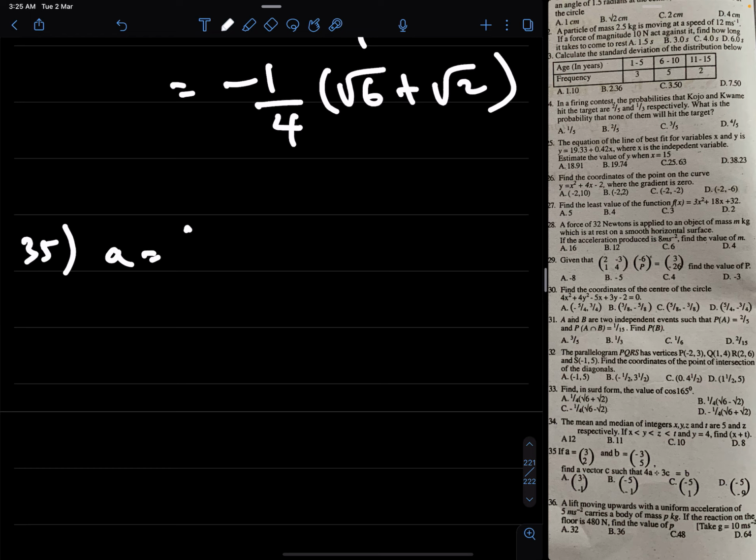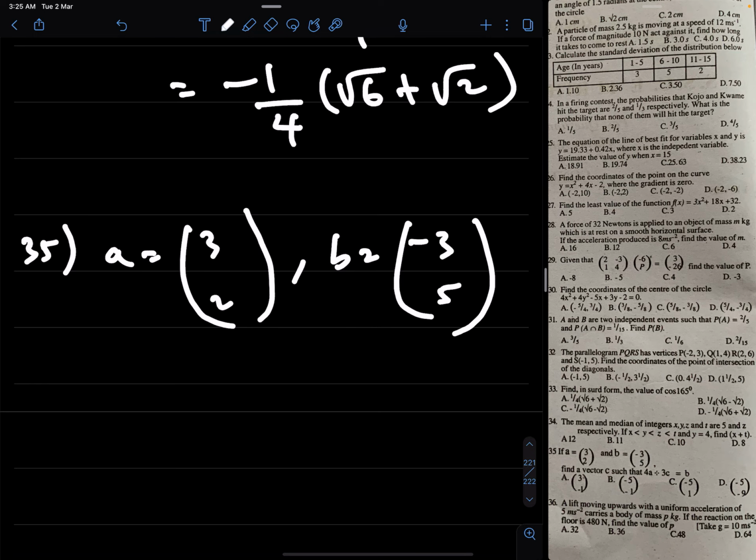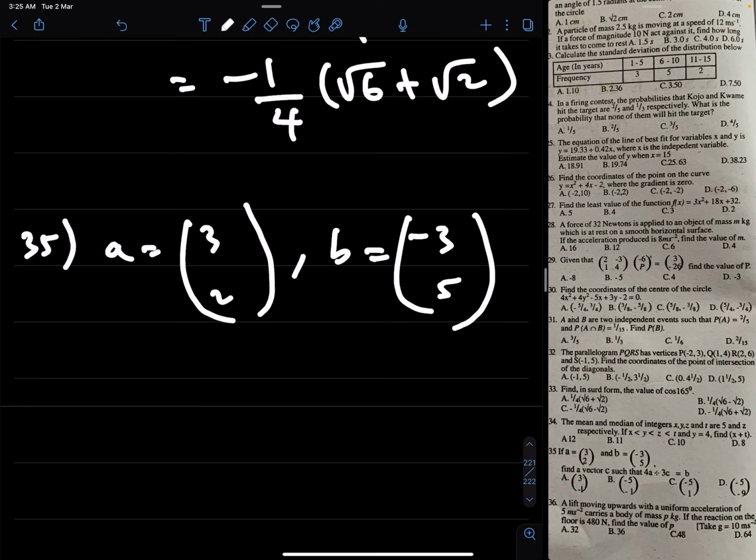If A and B are column vectors, A equals 3 2 and B equals minus 3 5.